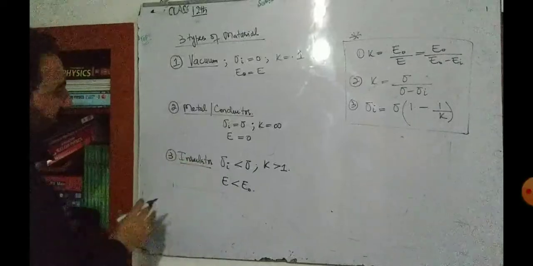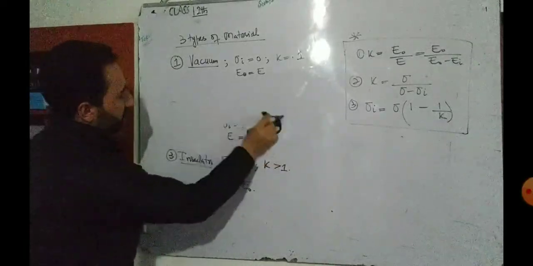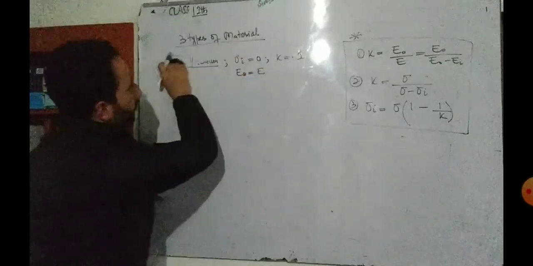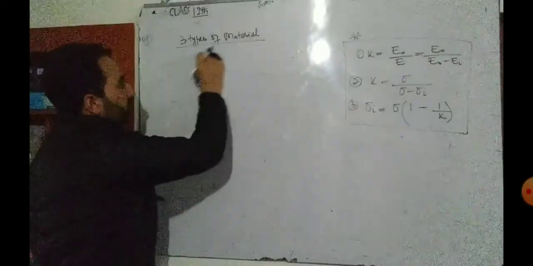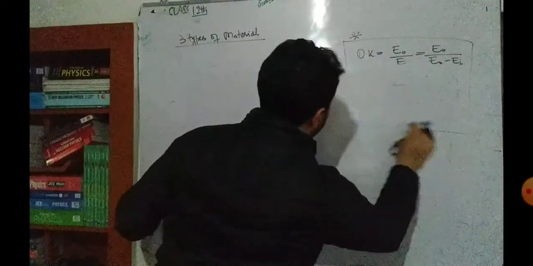Okay, so first of all, write it down so that I will rub this off. We'll do it like this. Be important, because a question can be asked in the competitive exam on this.